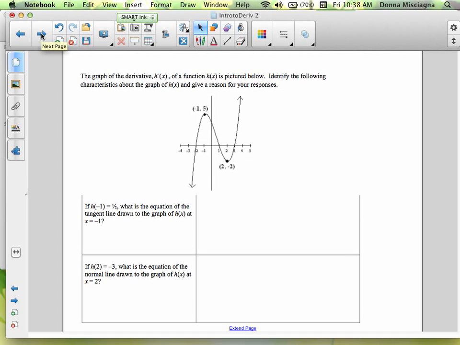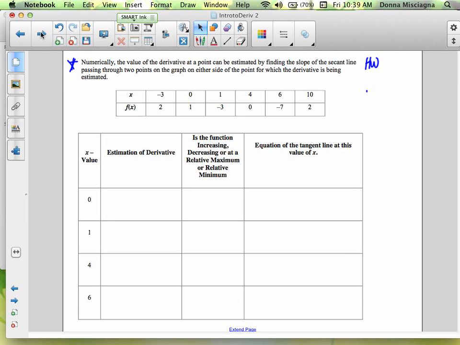And then this one is also homework. You're identifying the characteristics. So h of negative 1 is 1/2. What's the equation of the tangent line drawn to the graph of h of x at x equals negative 1? And yes, it is okay to approximate. If it's a reasonable answer, it's going to be correct. You won't be able to get exact.